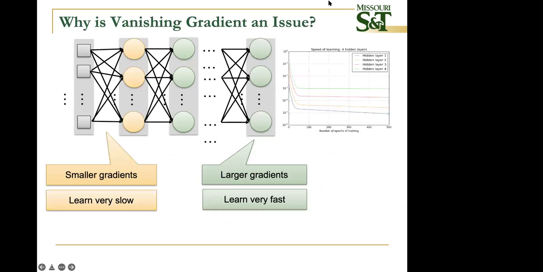Okay, so why is the vanishing gradient important, or why do we care? There's a large error at the output, but as you propagate backwards, because of the vanishing gradients, the signals that are used to train the input layers are very small.